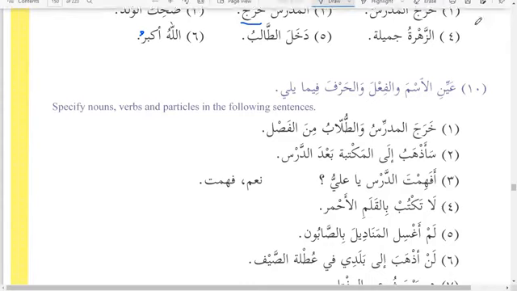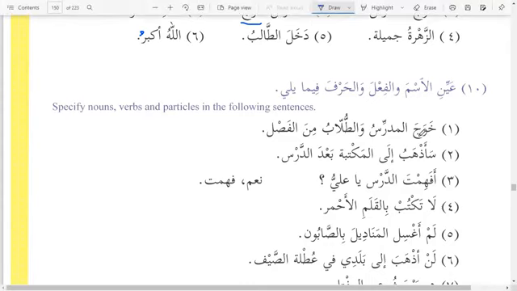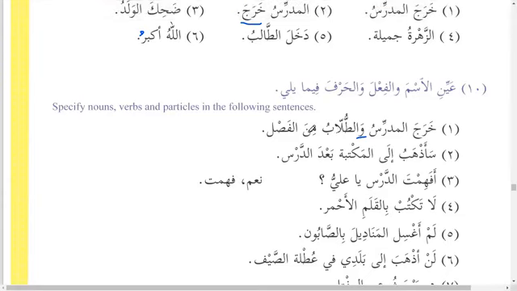Okay. Kharaja. Verb. Al-mudarris. Noun, اسم. Waw is the particle, harf. Al-tullabu, طلاب, noun. Min is again a particle, harf. Al-fasl, noun, اسم. Excellent. So, sa. What about sa? It is harf, particle.